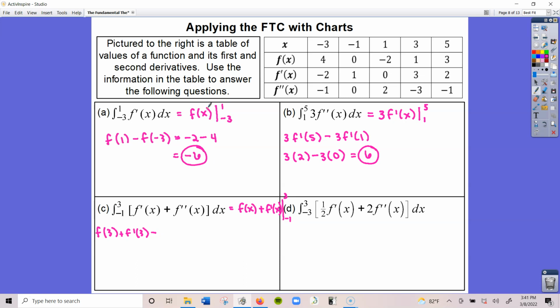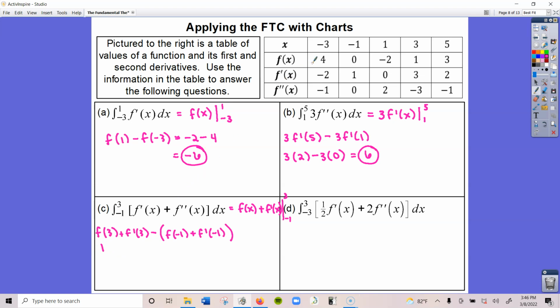And because this is not just a solo function, I'm going to make sure to open up a parentheses so I don't forget to distribute that negative. So now I plug in the -1. This is f of -1 plus f prime of -1. Now we're going to plug in these numbers from the chart. F of 3 is 1.